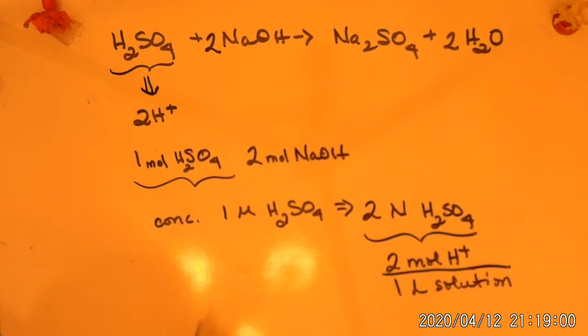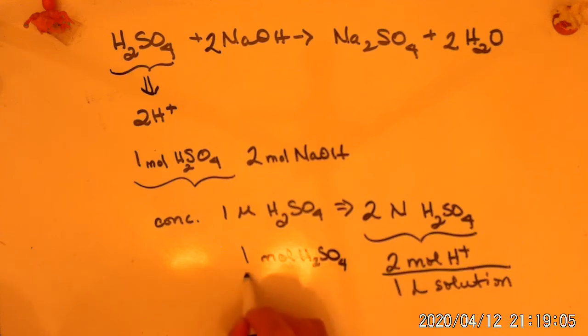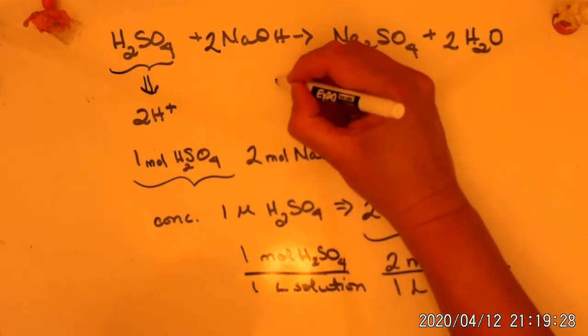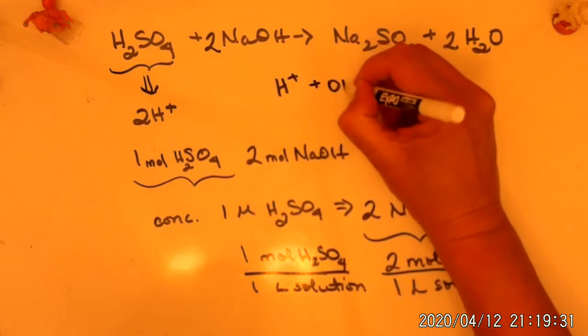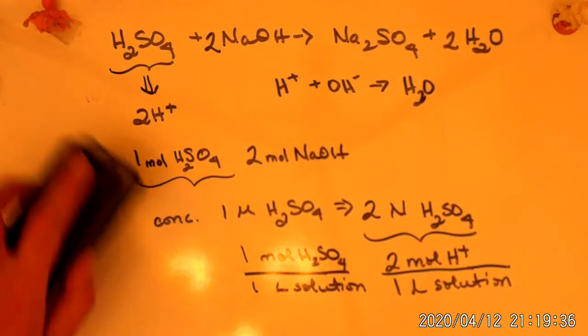And that occurs if I had 1 mole of sulfuric acid per 1 liter of solution. Okay? So when we do a titration of an unknown acid, we often use normality because I don't know if it is monoprotic or diprotic, okay? So we only know this part when we do our reaction, because the reaction is still the same for my net ionic reaction, okay?